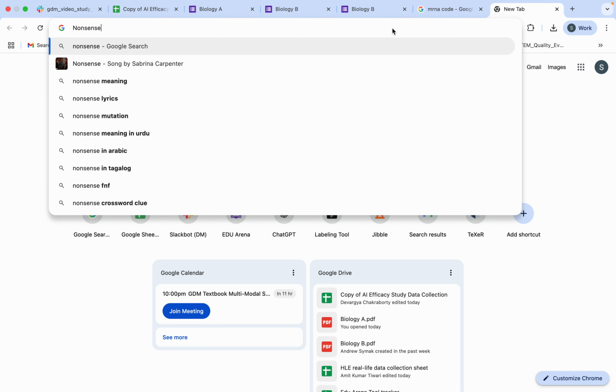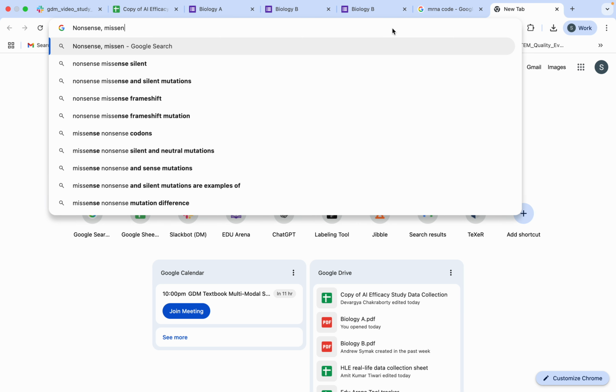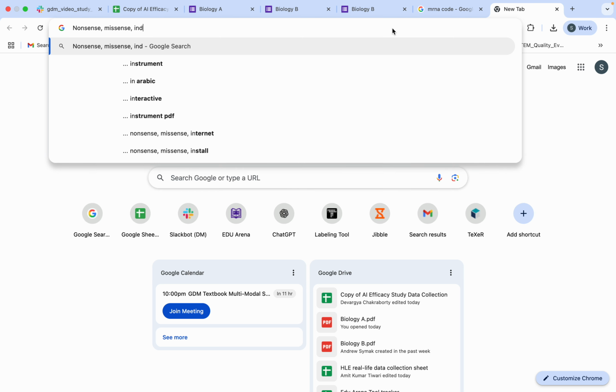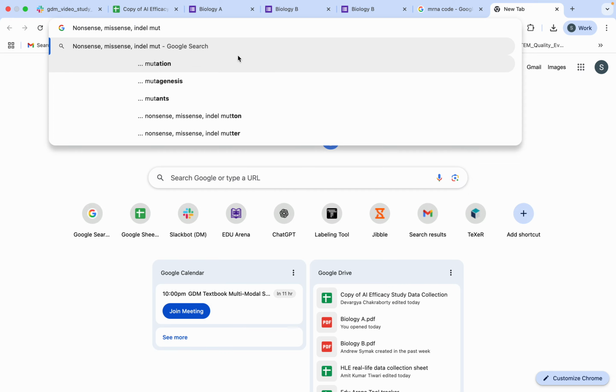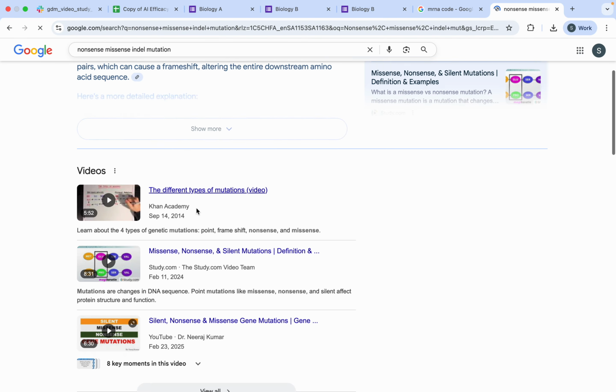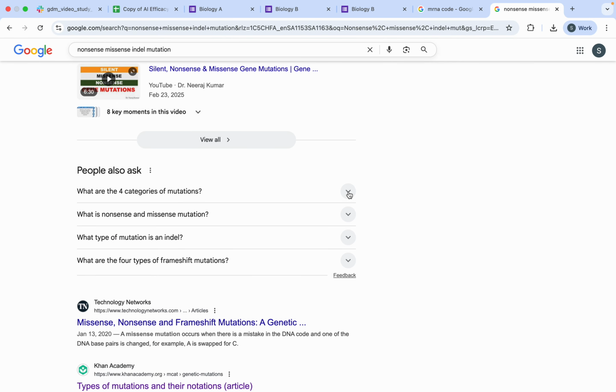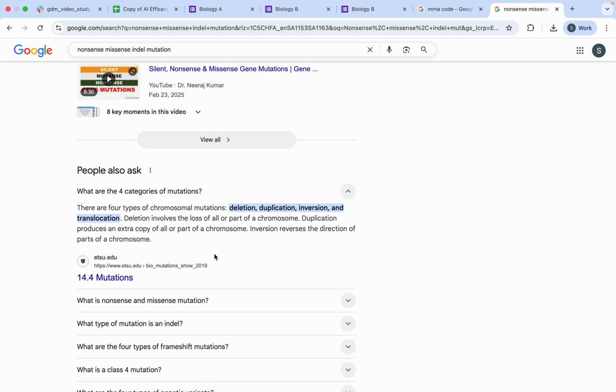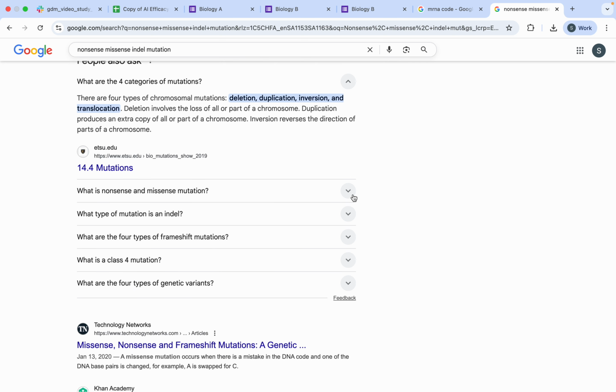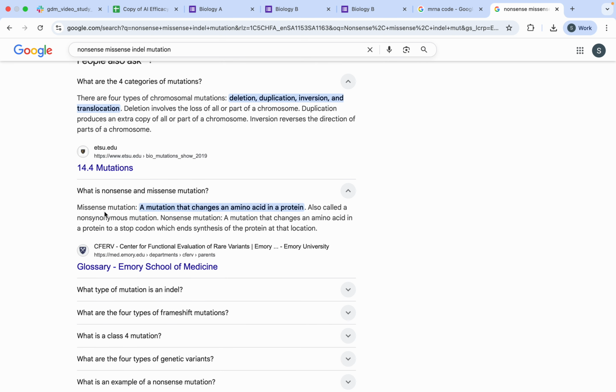Nonsense, missense, indel mutation, okay, 4 categories. Okay, so here missense mutation means the mutation that changes an amino acid in a protein.